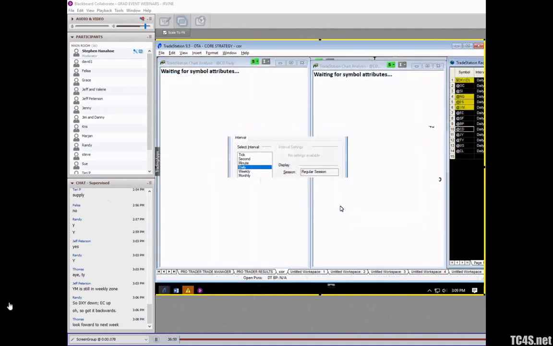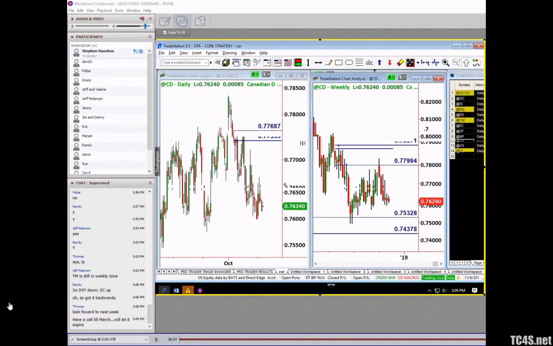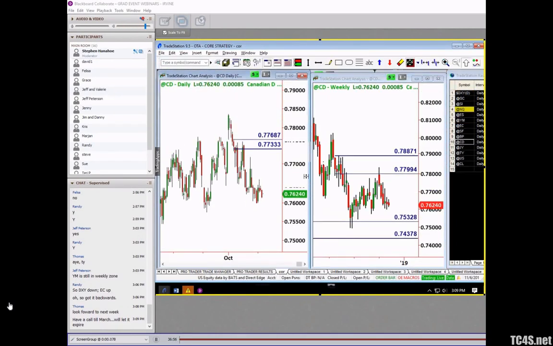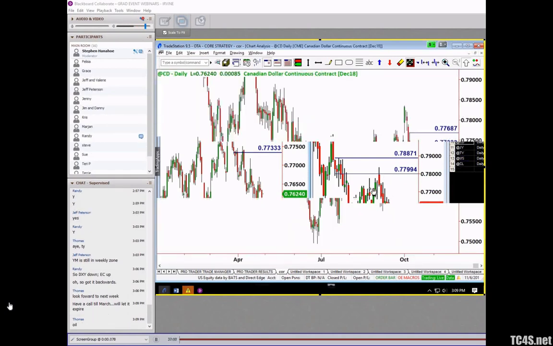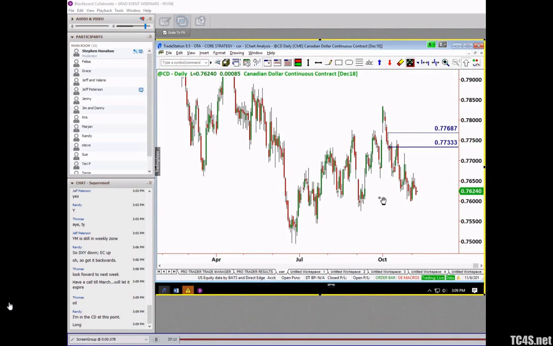Come along to the Canadian dollar at this moment in time. Again, we're not looking at the Canadian dollar. Why are we not looking at it? When I'm looking here at the Canadian dollar, I should be selling short the Canadian dollar because of the inverse correlation. I'm in the Canadian at this point long.